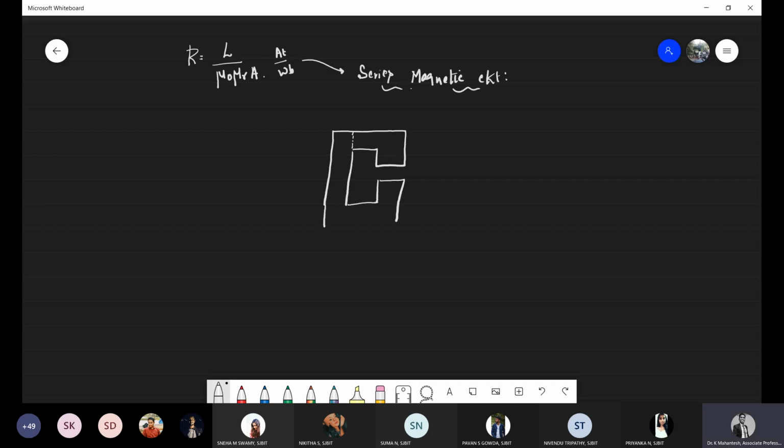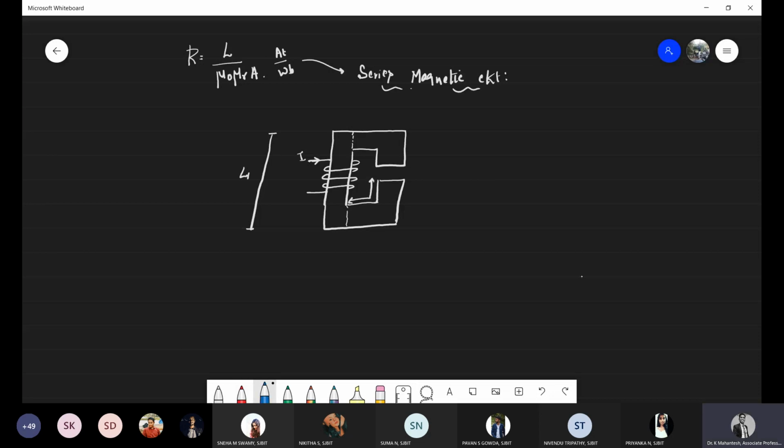This is L3. And here you have a current carrying coil of N turns. This is I. Now I'll call this length L1. This is one conductor till here, and this length is another conductor, L2.